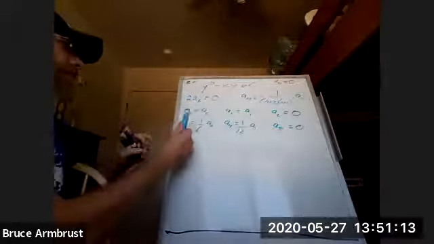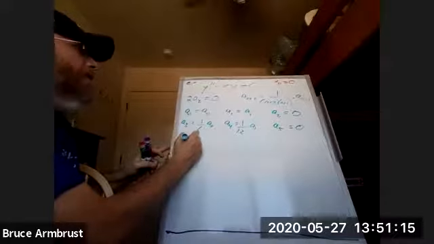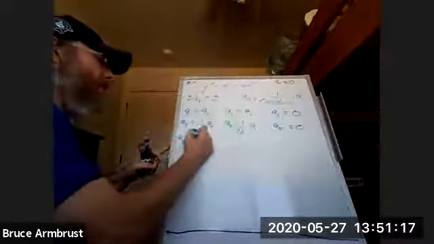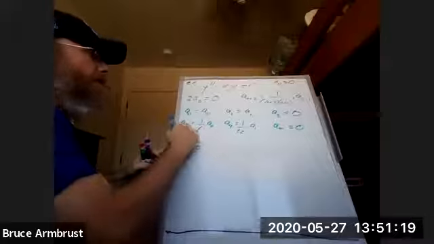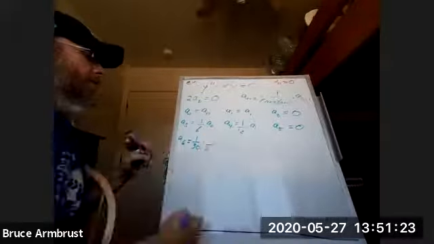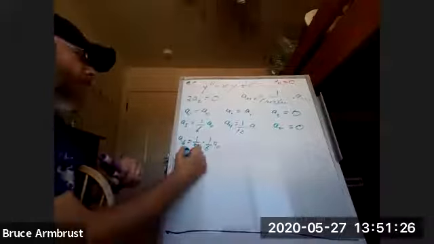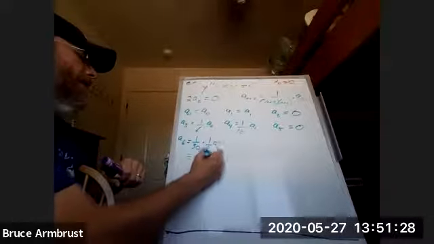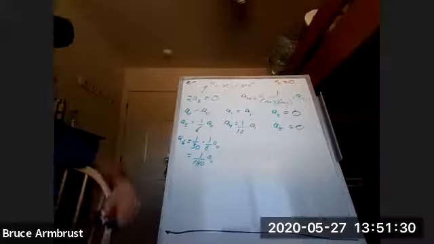column of 3s. So A6 is going to be 1 over 6 times 5, so 1/30th times A3. So 1/30th times 1/6, which is 1/180th A0.